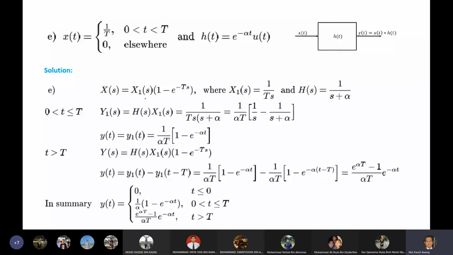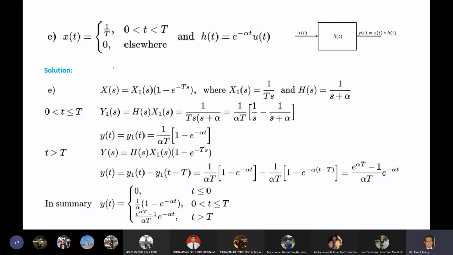X of s is equal to, this is from the Laplace transform that you do for this one, right? So you get this, right?